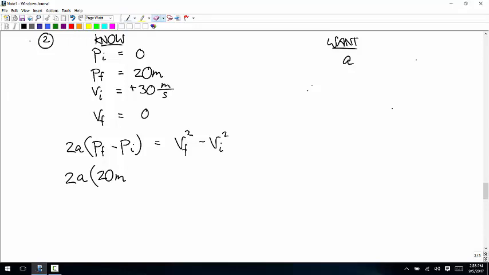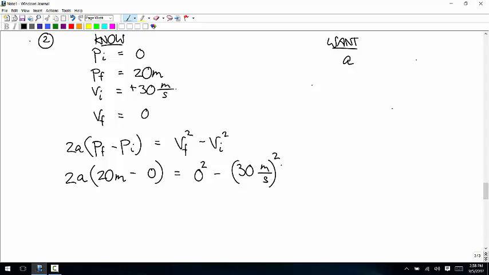And for now, we're going to keep all the units in our calculations. Later on, we can skip that step. But first, we're going to do it the most careful way. So the quantity 20 meters minus 0 is equal to 0 squared minus 30 meters per second squared.